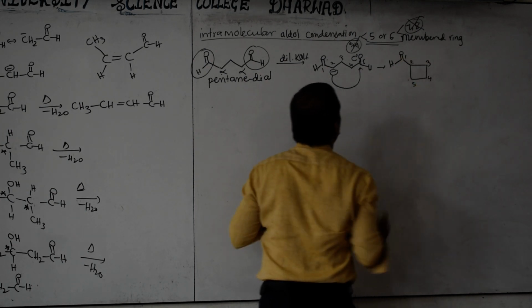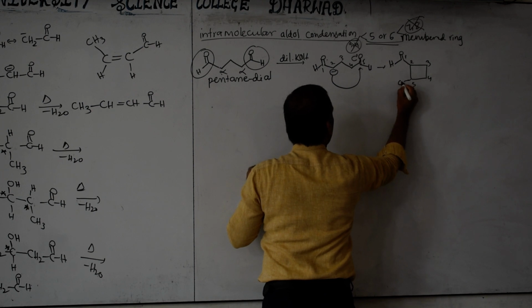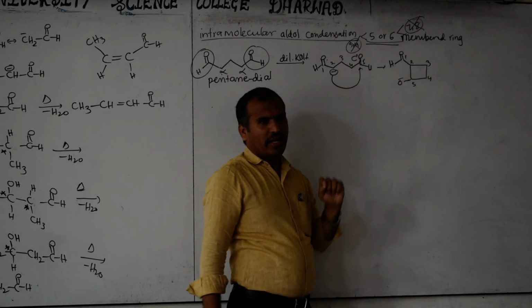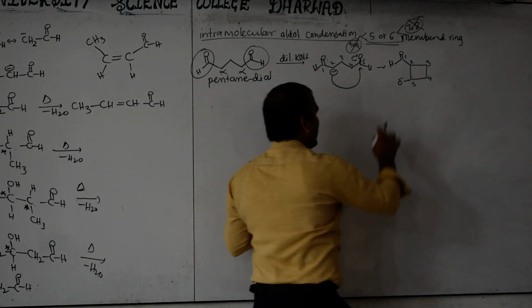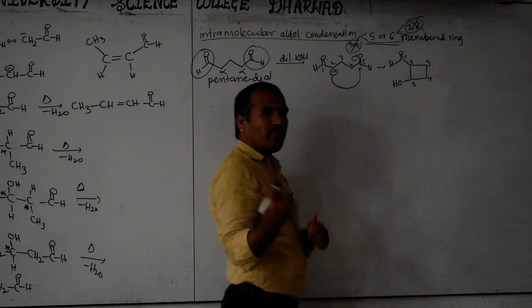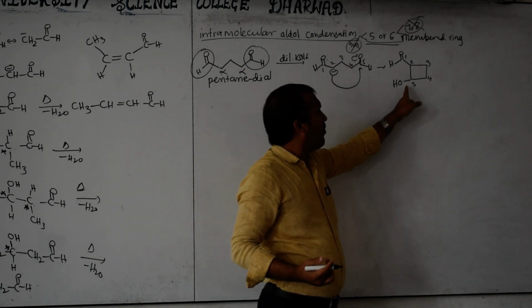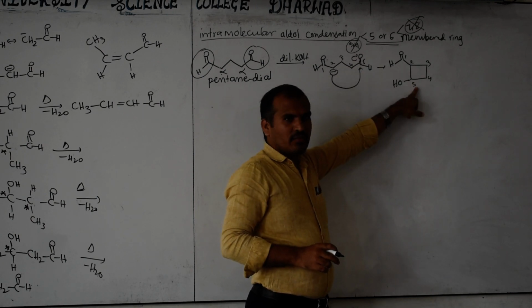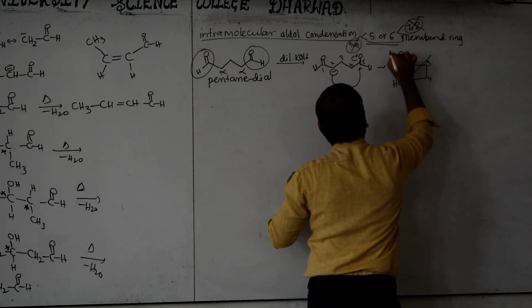At 5, what is there? O minus. Later we take the H, then I will remove this and H. We already studied the mechanism, so this is formed. Now observe, 3, 4, is it a possible ring? That is why this product is not possible.